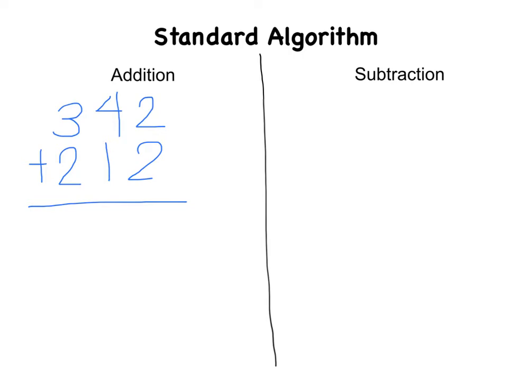Remember, boys and girls, when we use the standard algorithm strategy, we are going to line up the hundreds, the tens, and the ones. Also, in using this strategy, we always want to start with the ones place first.